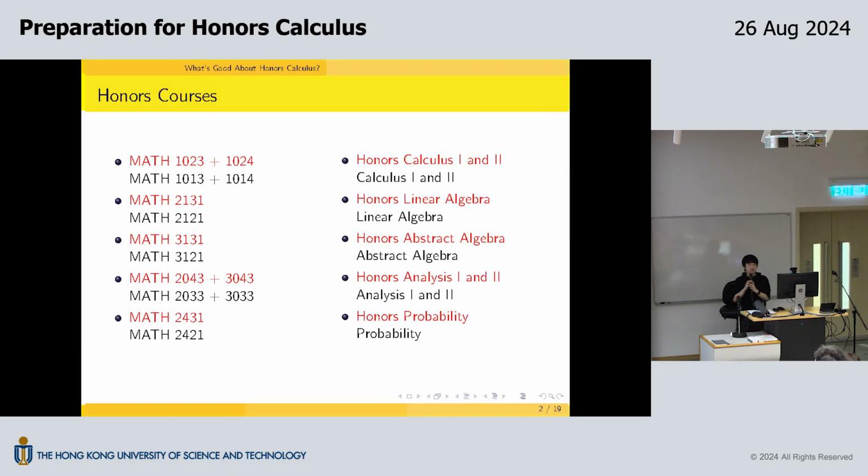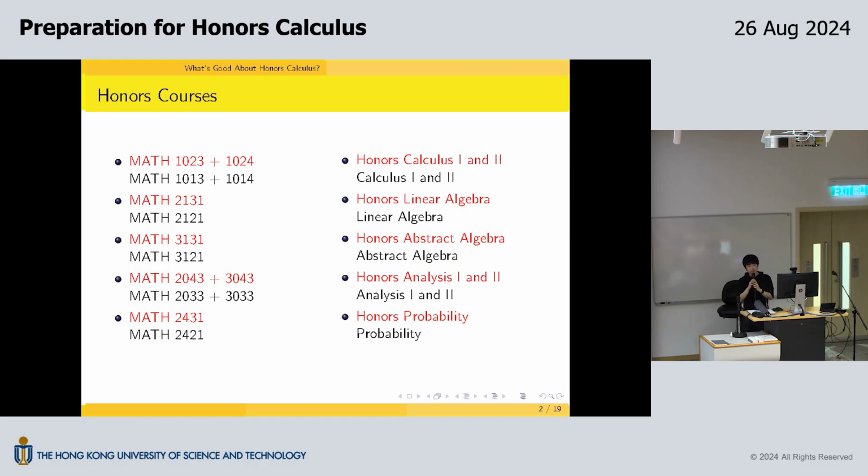This slide shows the core courses in the math major requirement. If you are a math major, then you are required to take calculus 1013 and 1014, calculus 1 and 2, in the first year. Building upon calculus, you will need to take linear algebra and abstract algebra in the second and third years. Also, you will need to take analysis 1 and 2.